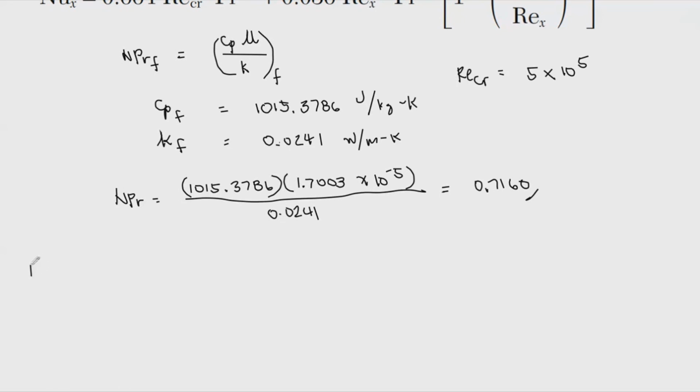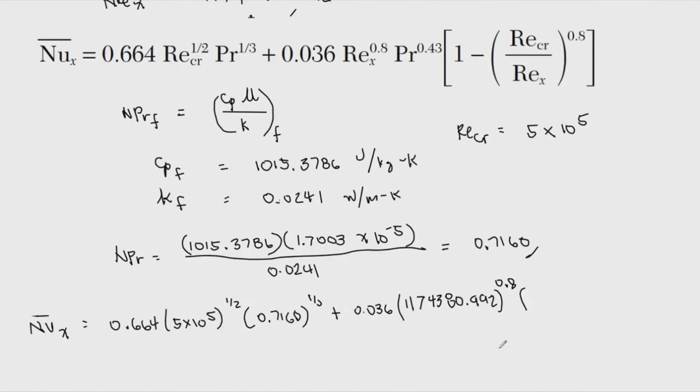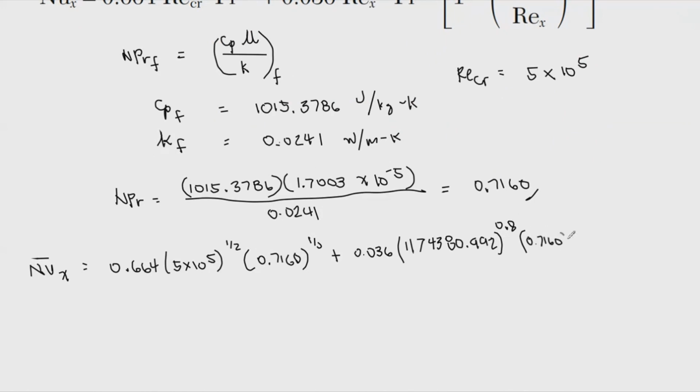So we'll be substituting all of these values. We have the average Nusselt number along the x path equal to 0.664, and then the Reynolds critical, 5 times 10 to the 5th raised to 1/2, and the Prandtl is 0.7160, raised to 1/3, and then add the rest of the equation, using the Reynolds number that we have obtained, 1,174,380.992, raised to 0.8, and then the Prandtl number, again 0.7160, raised to 0.43, and then 1 minus, so I pre-calculated this ratio, 0.4258, raised to 0.8, then close bracket.